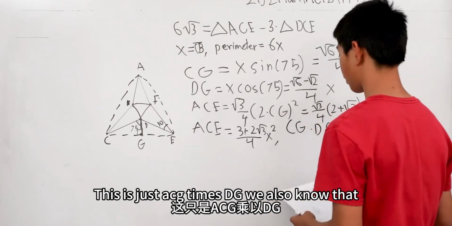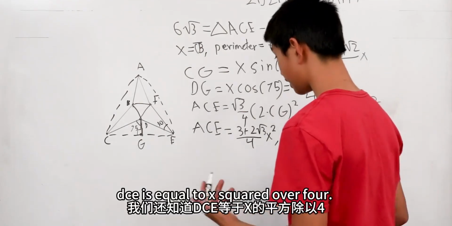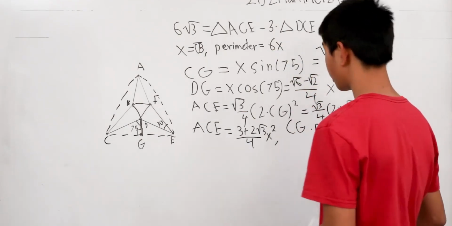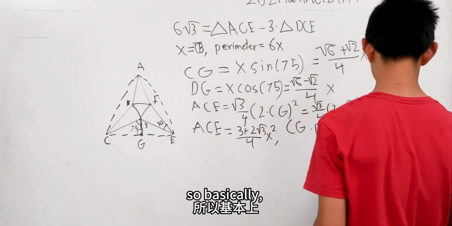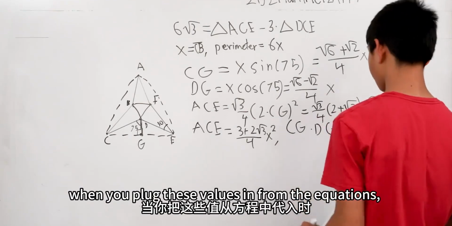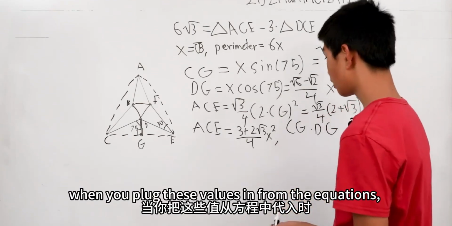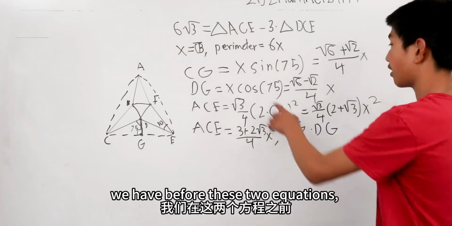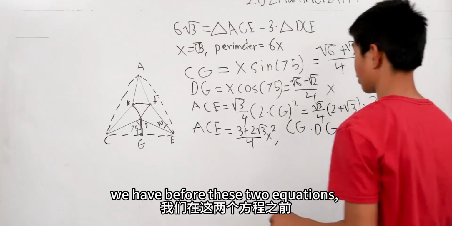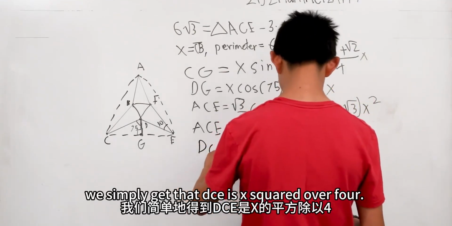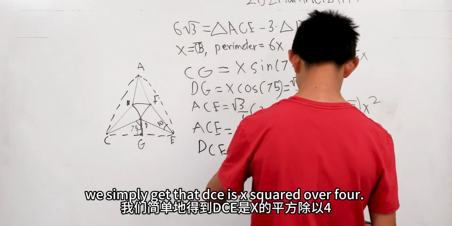We also know that DCE is x squared over 4. Now, when you plug these values in from the two equations we have before, we simply get that DCE is x squared over 4.